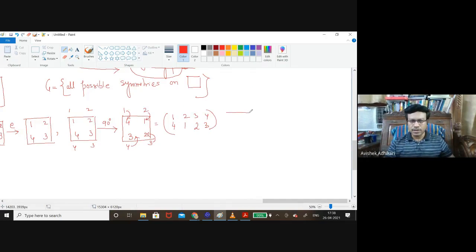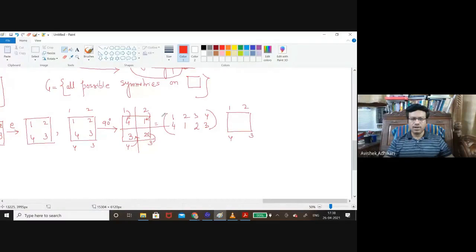Okay, so my next one: I start with a rectangle, 1, 2, 3, 4. Now I will get a 180-degree rotation. So if I put 1, 2, 3, 4, what will I get? 3 will come here, 4 will come here, 1 will come here, and 2 will come here.